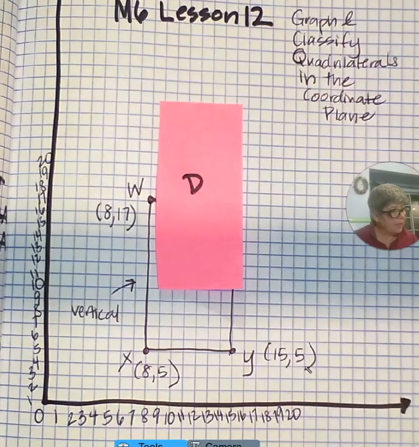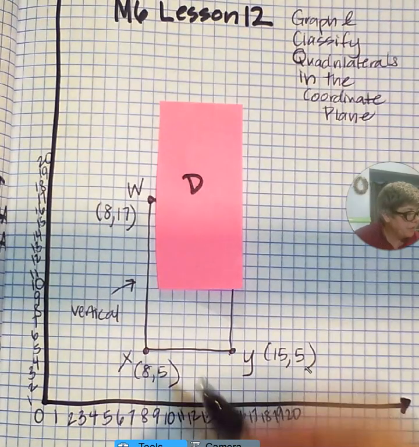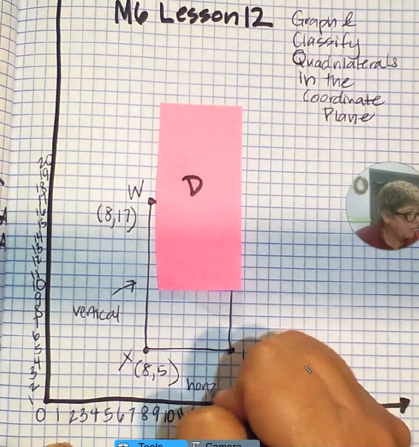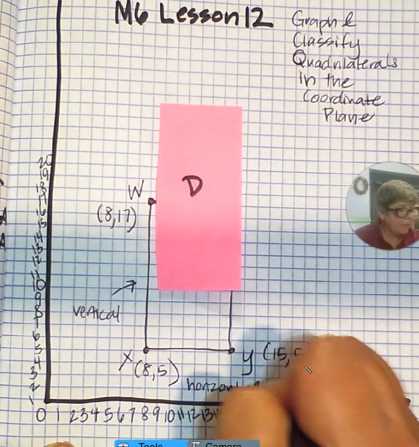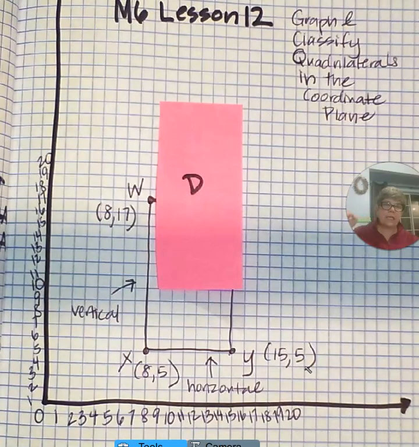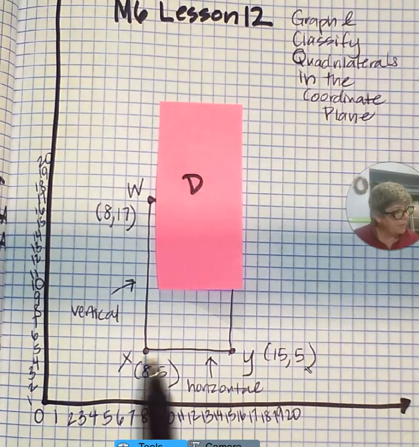How about XY? Is it horizontal or vertical? XY is horizontal. Good job, right? It is going across just like the horizon line when you're watching the sun set beyond the horizon. And what is the same or different about the endpoints of X and Y?